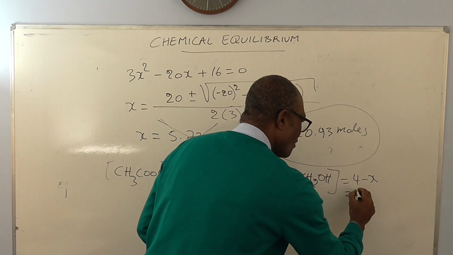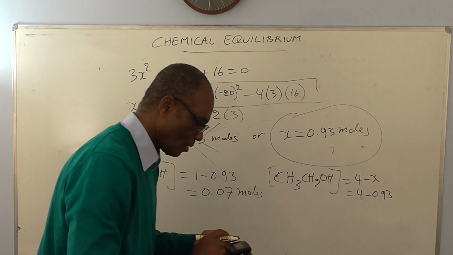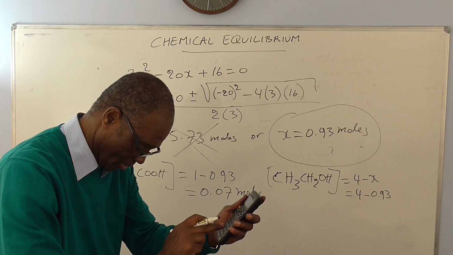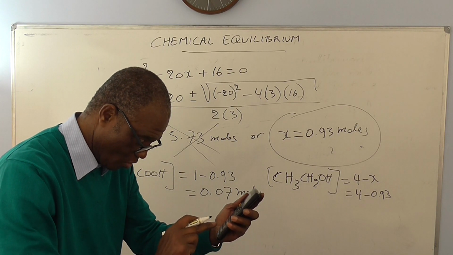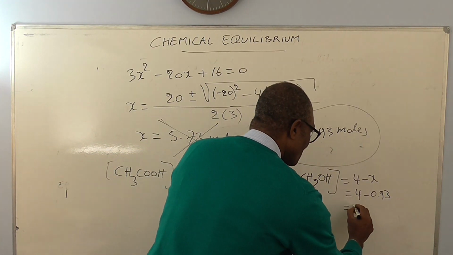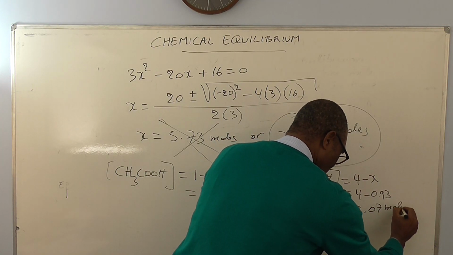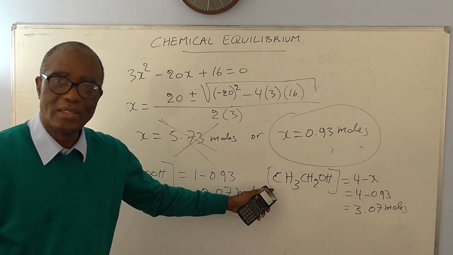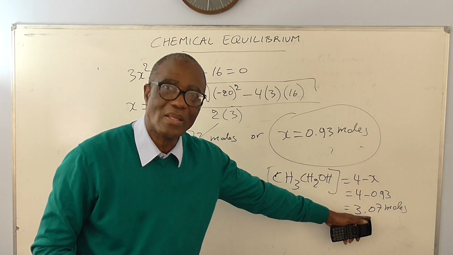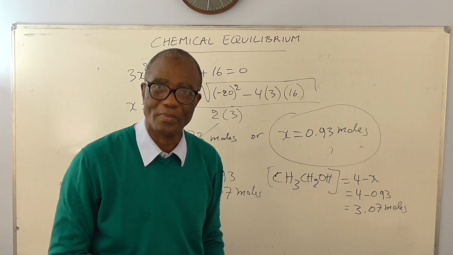So we are going to write 4 minus 0.93, and then we have 3.07 moles of ethanol. So at the equilibrium, we have this number of moles for ethanol.